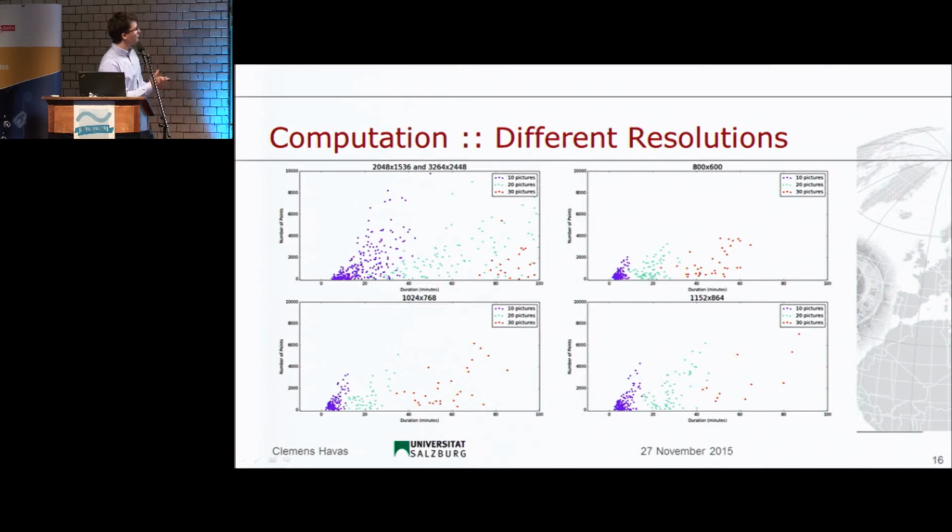Therefore, we wanted to emphasize the high resolution as the computation time is still very low, and we get a lot of points, and the variation is also very high.